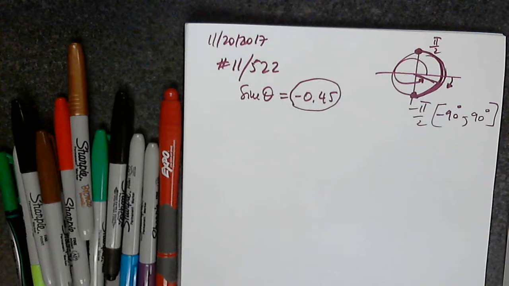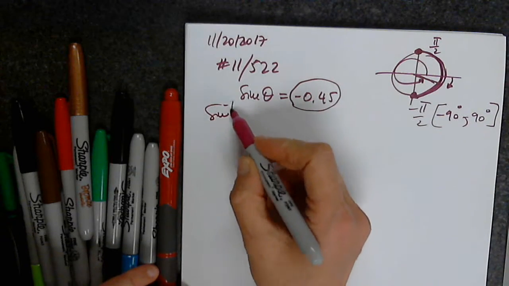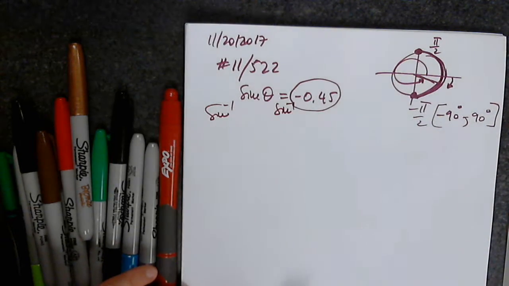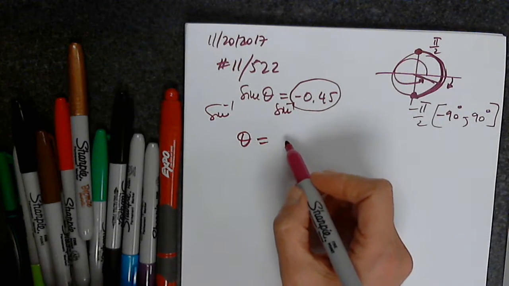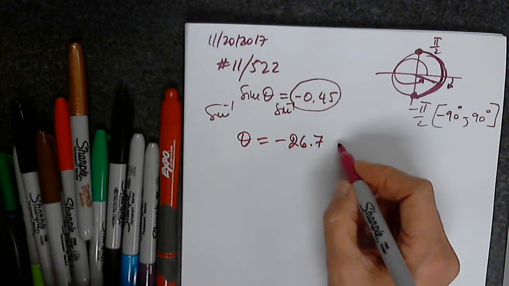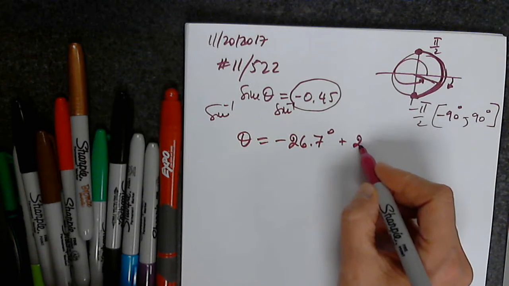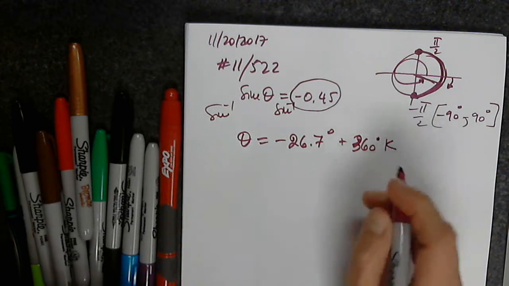I didn't open the book, so if the question is asking for all possible answers, then we just solve the given equation, and we are not restricted to one complete rotation. So I apply sine inverse to both sides, and then I have theta equals negative 26.7 degrees plus 360 degrees k.